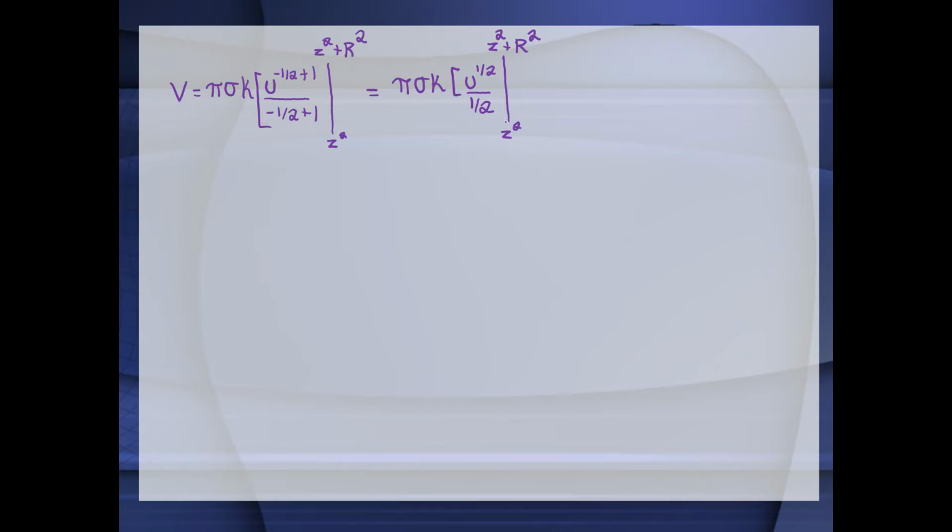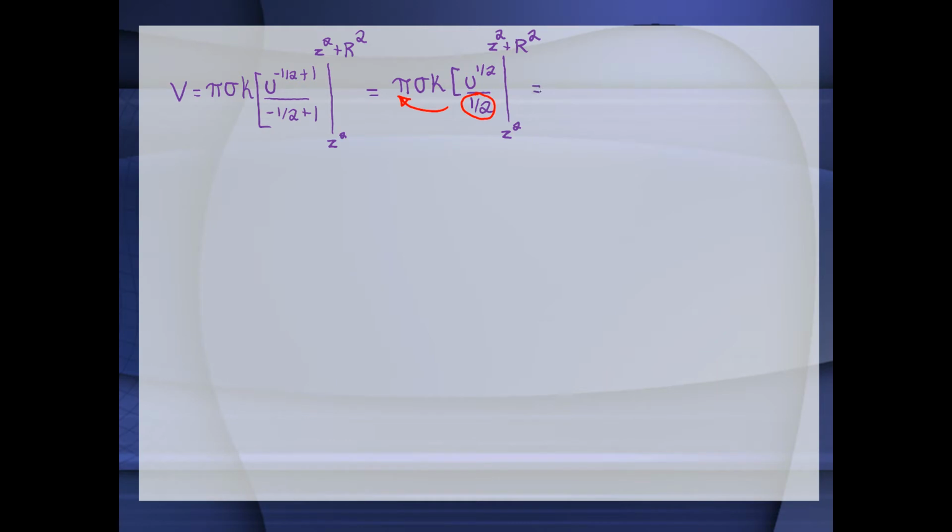The 1/2 can be pulled out, and because we're dividing by 1/2, 1 divided by 1/2 turns into a 2.